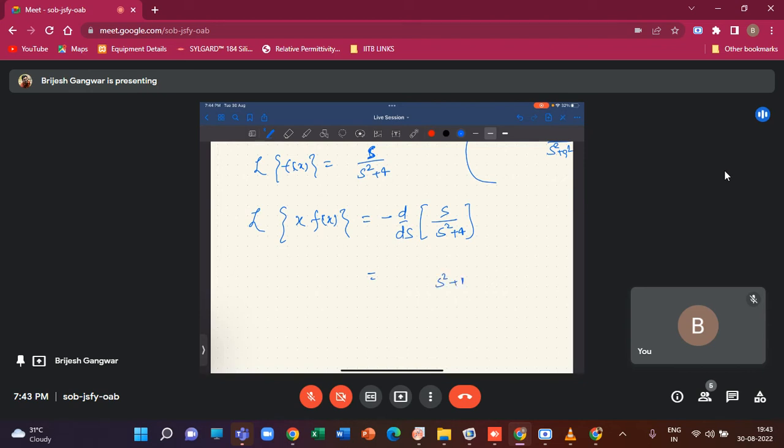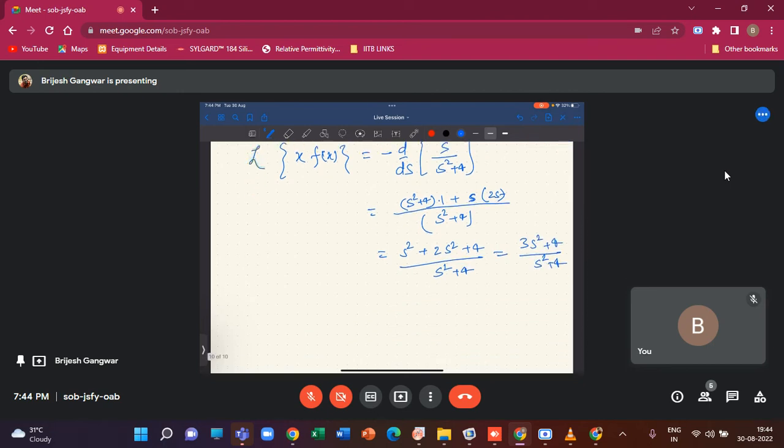You differentiate s square plus 4, and differentiate the numerator s, so it will be minus of s square plus 4 minus 2s square upon s square plus 4 whole square, which gives 3s square plus 4 upon s square plus 4 whole square.